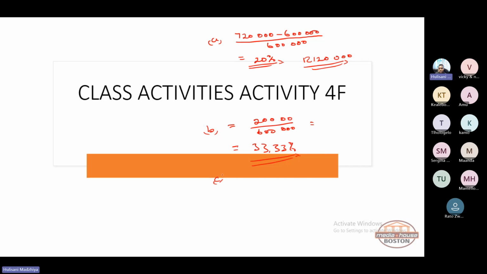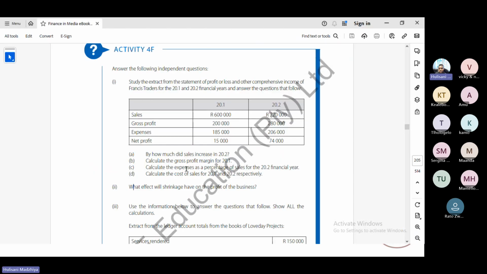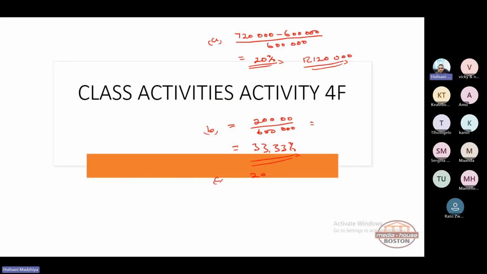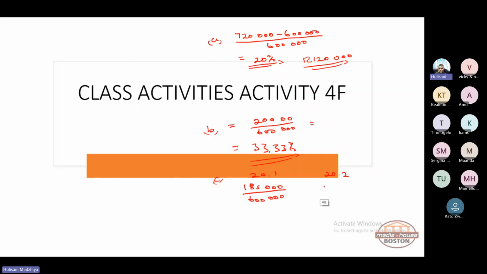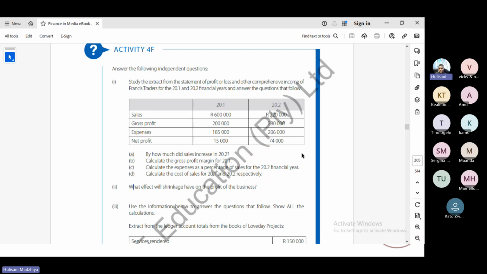Okay, let's now move to number C. Number C says calculate the expense as a percentage of sales. So expense is 105 for 2.1. So I'll just write 2.1 over here. So it's 105 over 600,000. Then for 2.2, we'll actually be having 206 over 720.